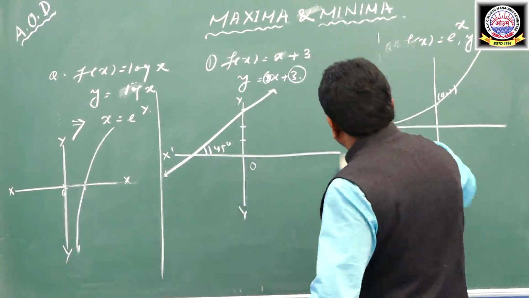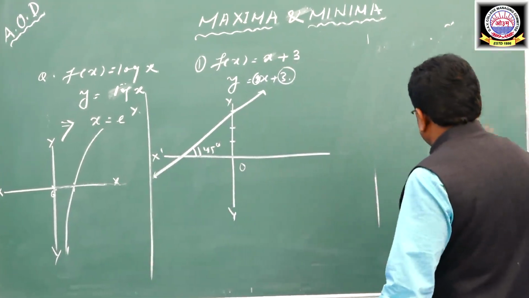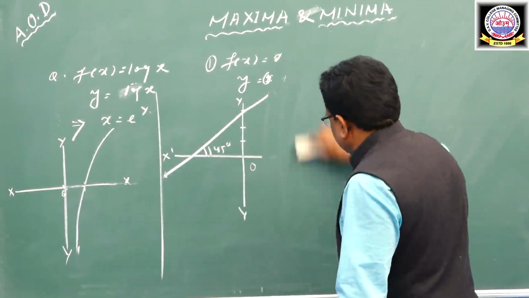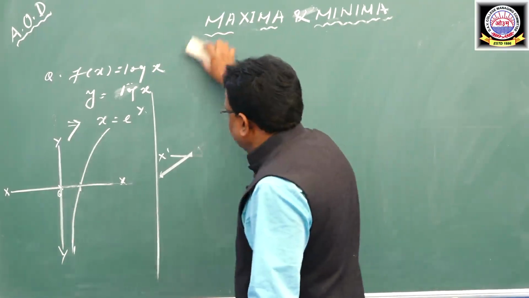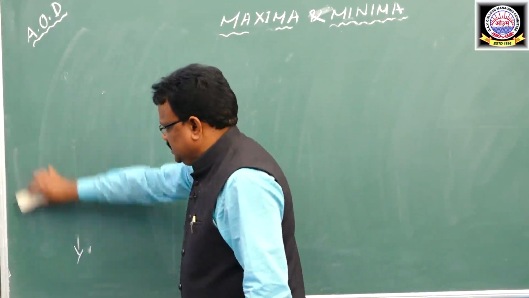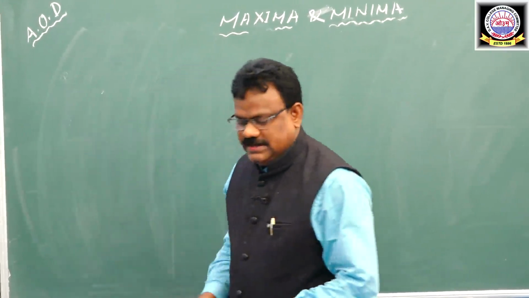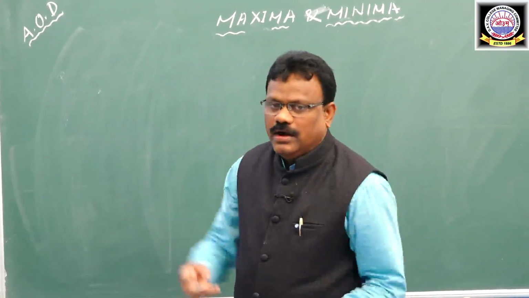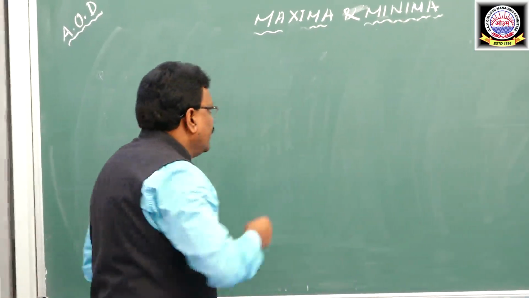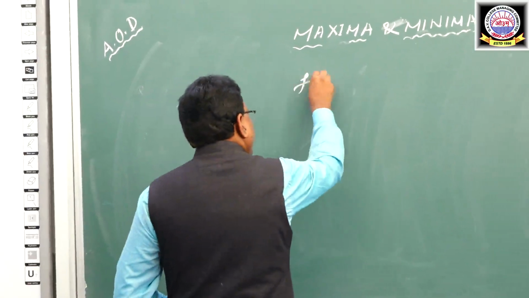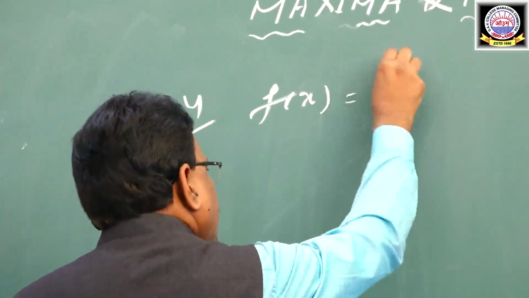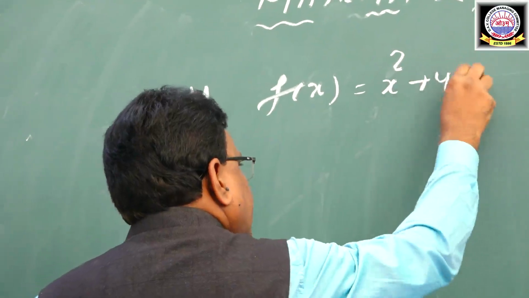Suppose you take another case. Before applying the derivative, let us see what our mind is saying as per the knowledge of the previous classes, till class 11. Suppose I am taking another example: f of x is equal to x square plus 4x plus 7.